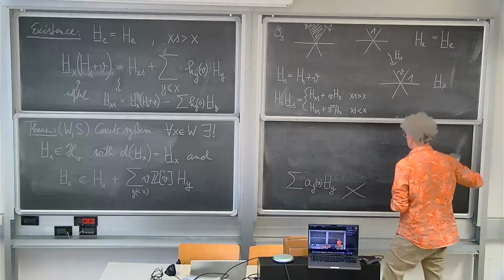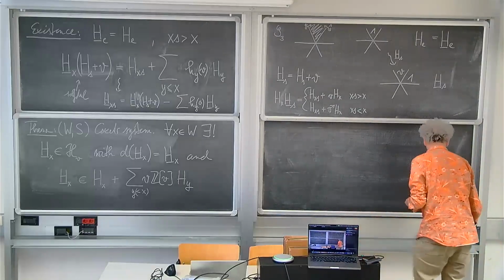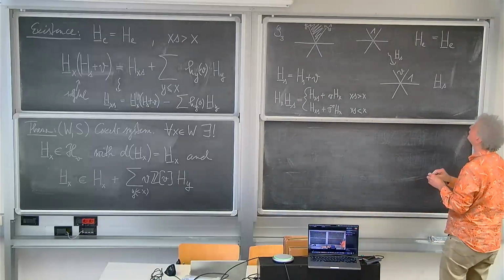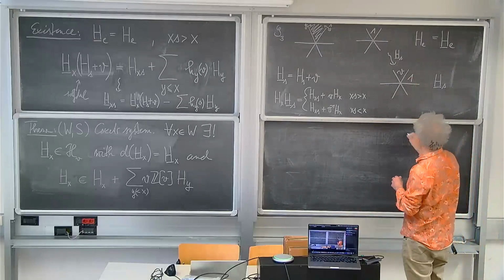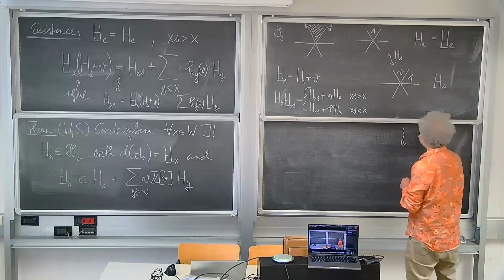And then now I apply the reflection T. So I multiply now with H_T from the right.